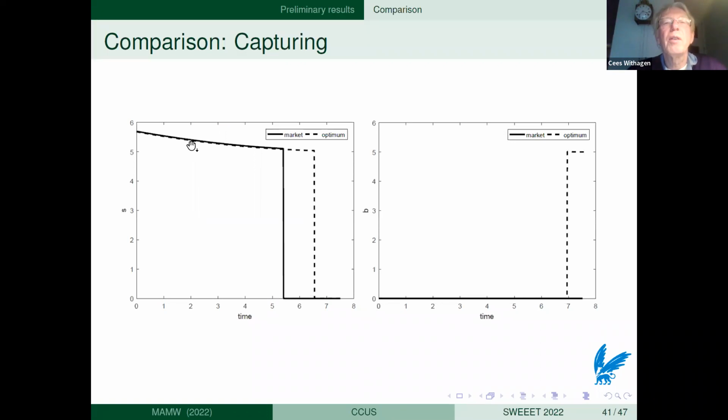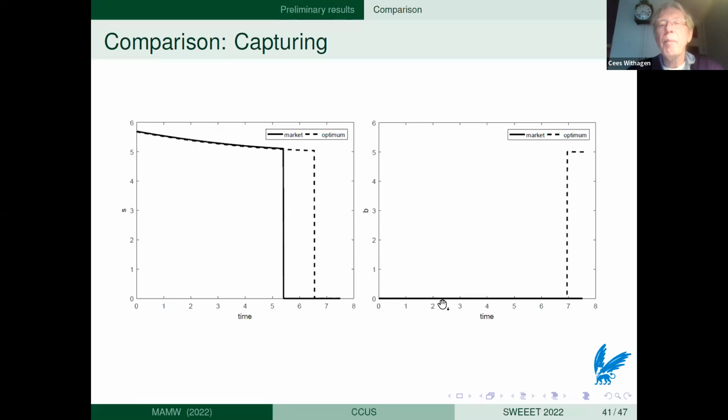Here you see what the optimum is doing. The market stops inserting CO2 into active wells, but the rate at which these wells are filled is about the same as in the social optimum, but in the social optimum we go on a little bit further and we stop a little bit later.